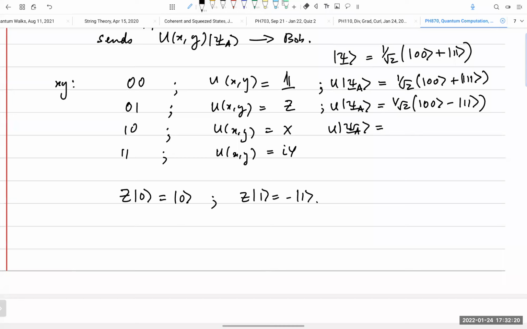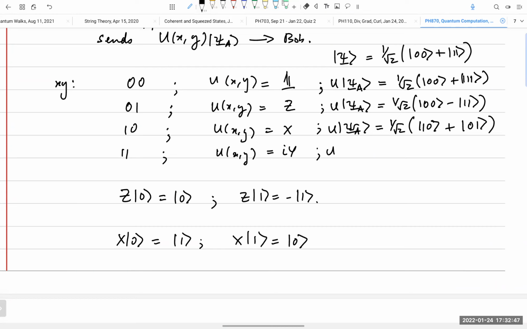What about the other one? She applies an X gate to her qubit. The X gate just flips her qubit. So |00> will become |10>, and |11> will become |01>. Alice's qubit, the leftmost qubit, has flipped.